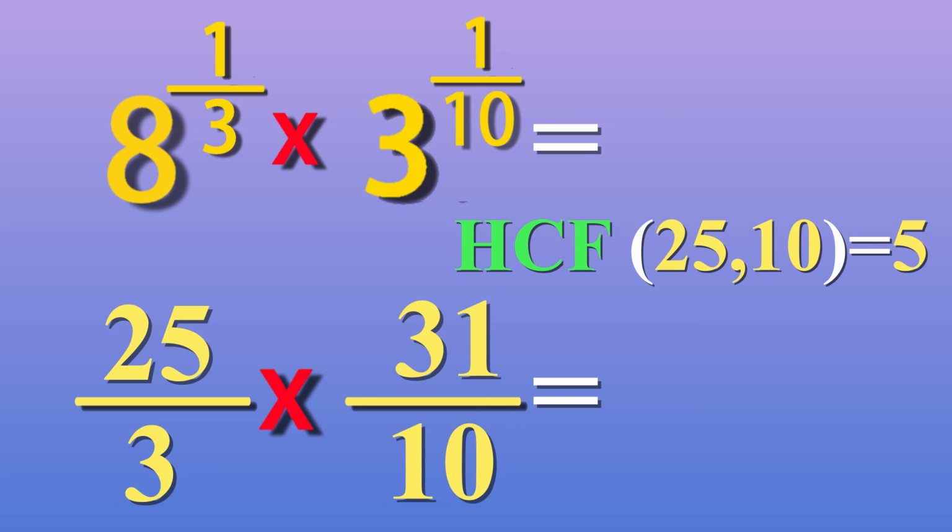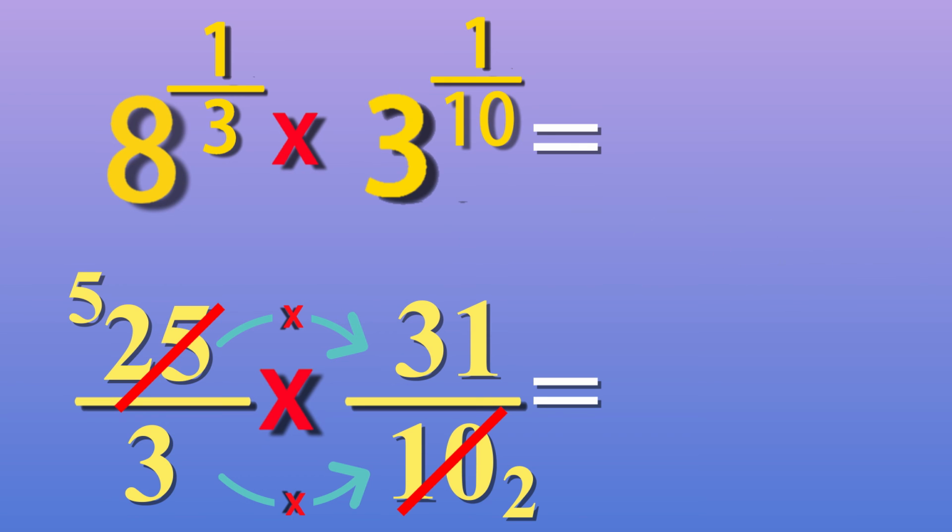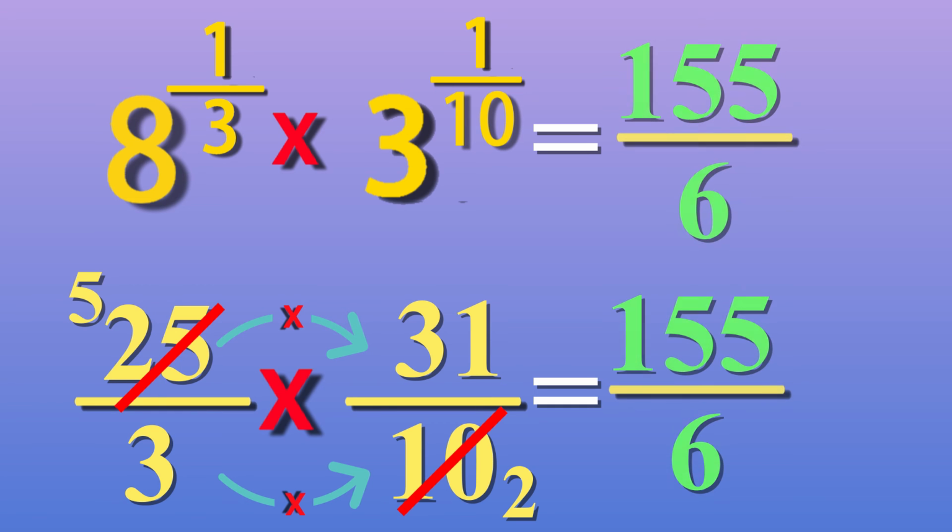So the left-hand numerator becomes 5, and the right-hand side denominator becomes 2. Now we have the multiplication 5 over 3 times 31 over 2, which is much easier to multiply, so we get 5 times 31 over 3 times 2, and that equals 155 over 6.